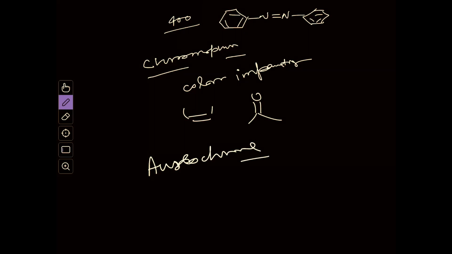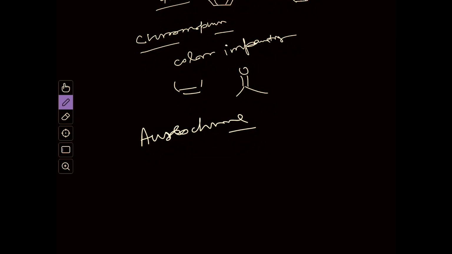What is an oxochrome? Oxochromes are not color imparting by their own. They cannot absorb light by their own, but they can modify the light absorbing property of a chromophore.